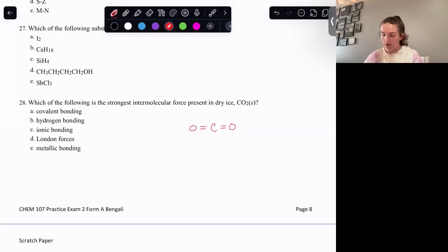We have a difference in electronegativity between carbon and oxygen. Which one is more electronegative, the oxygen or the carbon? Which way would our dipoles point?